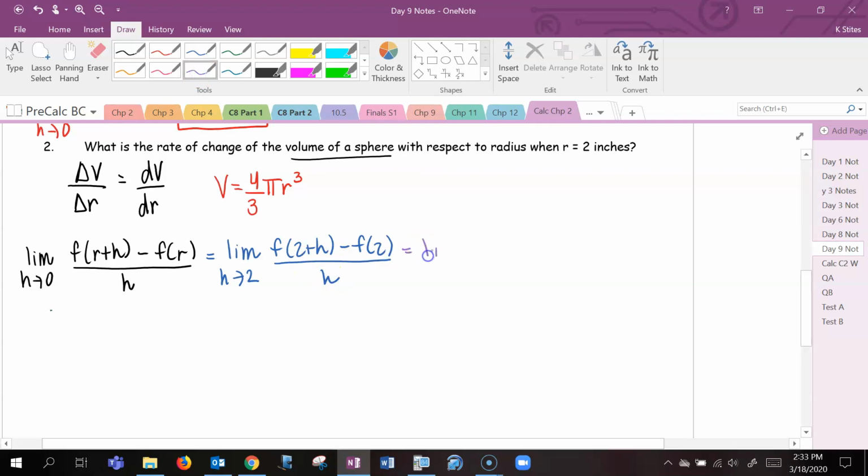Okay. And now I'm ready to go ahead and plug this in. So 2 plus h and 2 are going in place of r. And I know you're like, that looks awful. Yeah, I mean, it's not ideal, that's for sure. 4/3 pi 2 cubed.